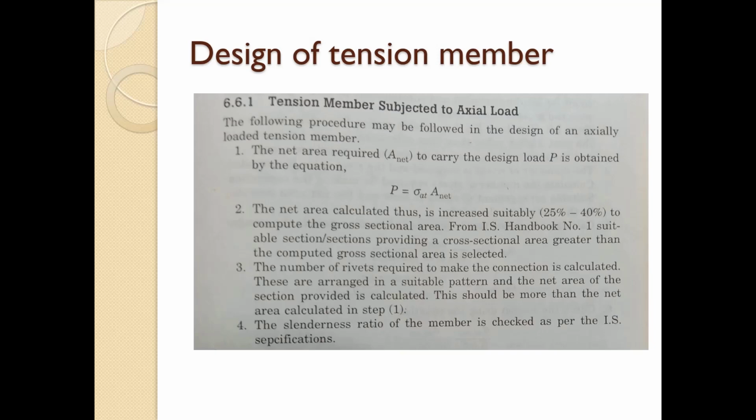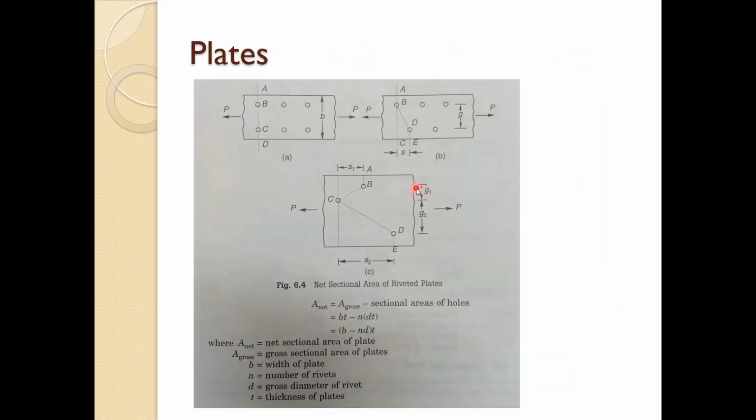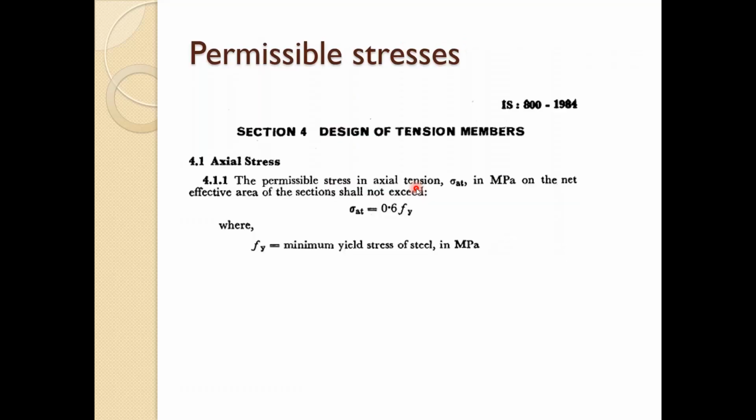The first step is the net area required, that is A net, to carry the design load P, obtained by the equation P equals sigma AT into A net. We know the value of sigma AT, as we have seen in the permissible stresses. Sigma AT is nothing but 0.6 Fy.